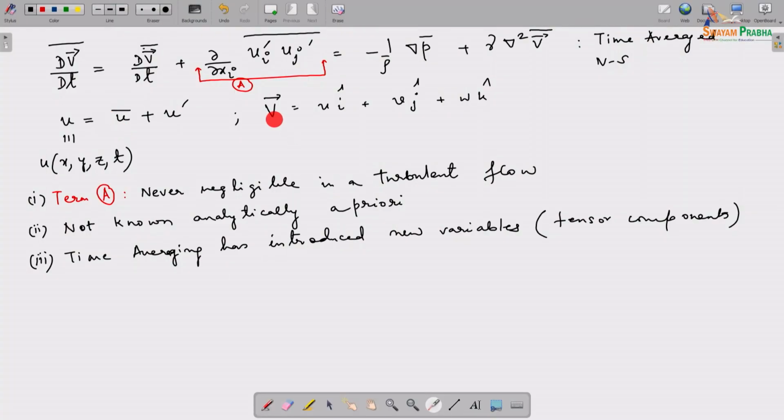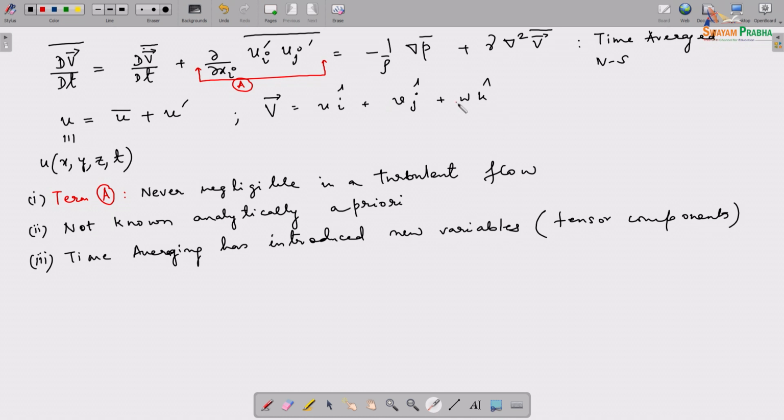And this is in our quest to understand turbulence and to quantify it, to measure it, and hence we're using the Navier-Stokes equation. So if we incorporate our definition of velocity for a turbulent flow, which is this, the velocity term will have u bar plus u dash, v bar plus v dash and w bar plus w dash.